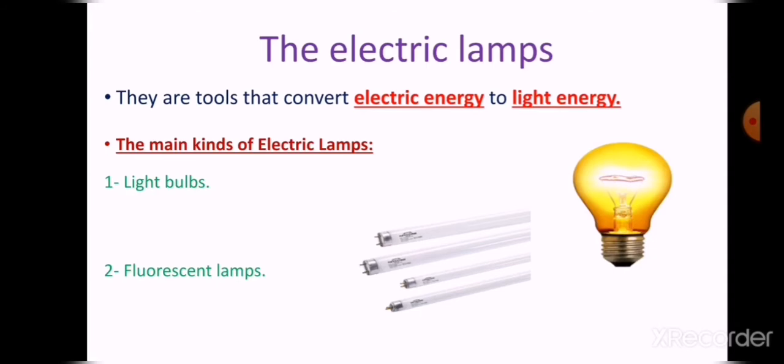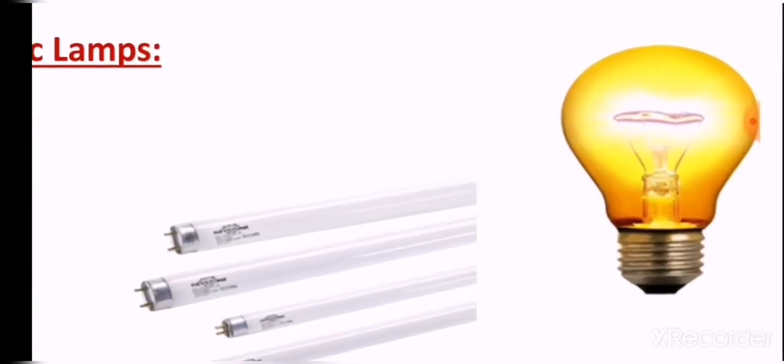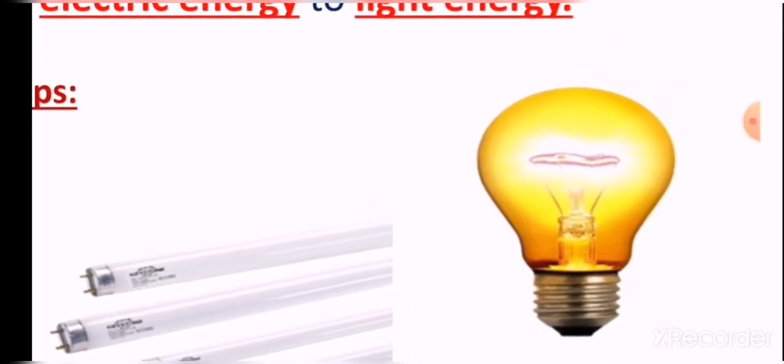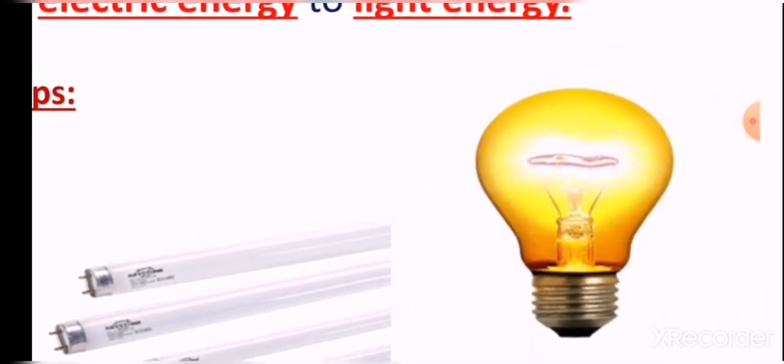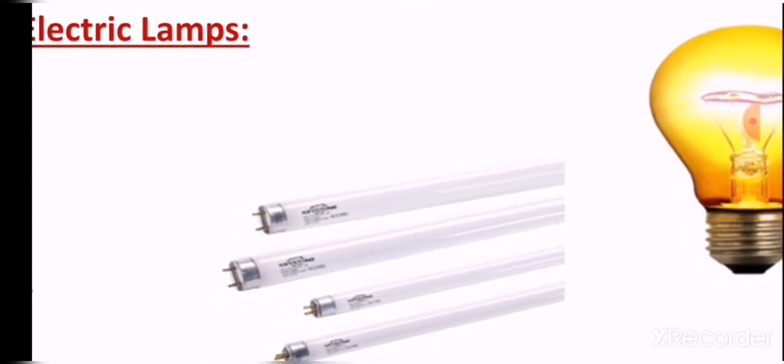What are the types of electric lamps? There are different types of electric lamps. But the most popular of them, or the main kinds of electric lamps, are light bulbs like this, and fluorescent lamps.